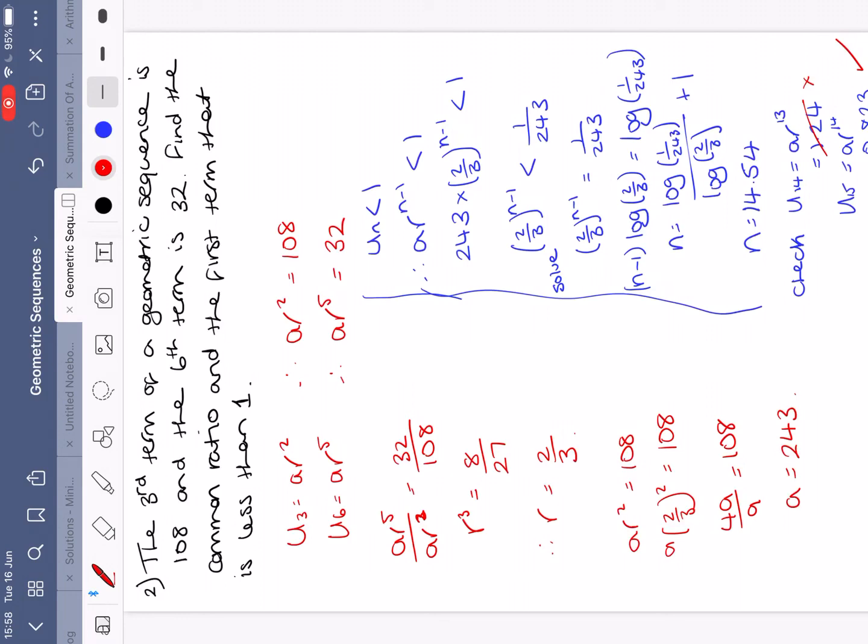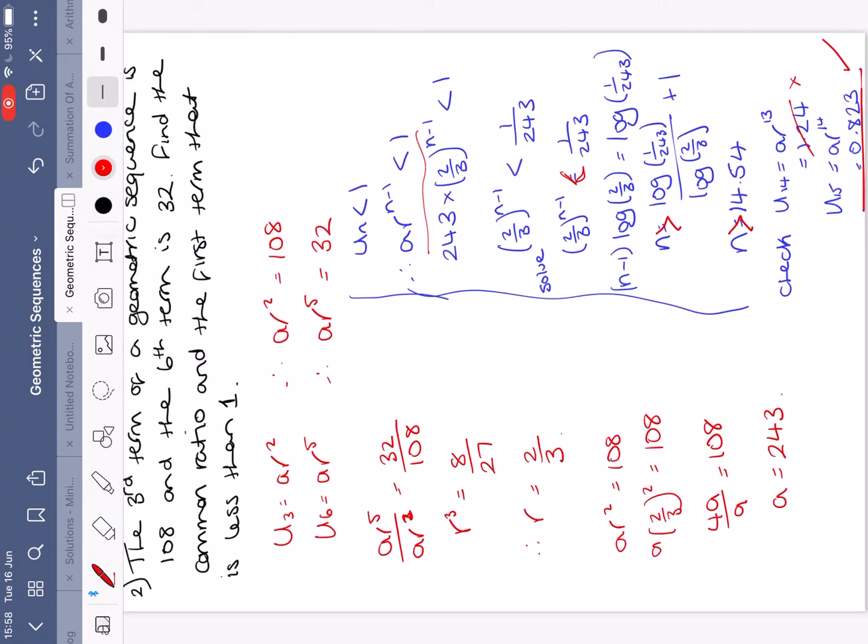So just like we did a couple of seconds ago, I want ar to the power n minus 1 to be less than 1. Put in the different values, and I've changed the way I do this sometimes. I don't solve it, so it's less than, but then because you're dividing by a negative, it's greater than, so n has to be greater than 14.54, so n is 15.